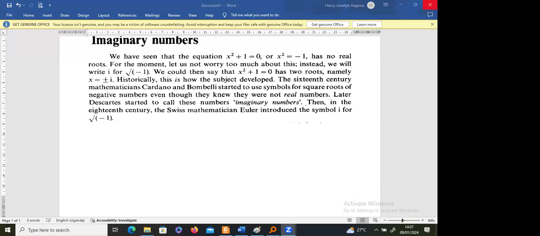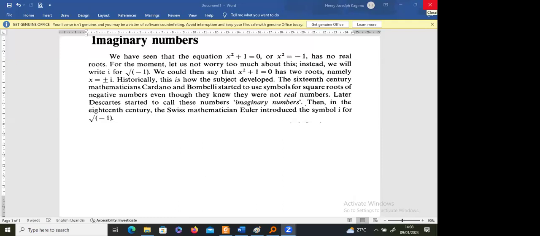We have just been saying that those mathematicians who came before us also had issues with the square root of a negative number, and they said this is not real. We have also all along been saying the square root of a negative number is not real. And usually, whenever we would meet this, we would stop because we didn't know what to do.